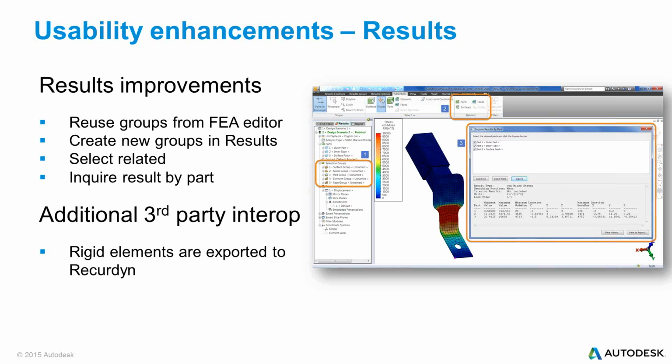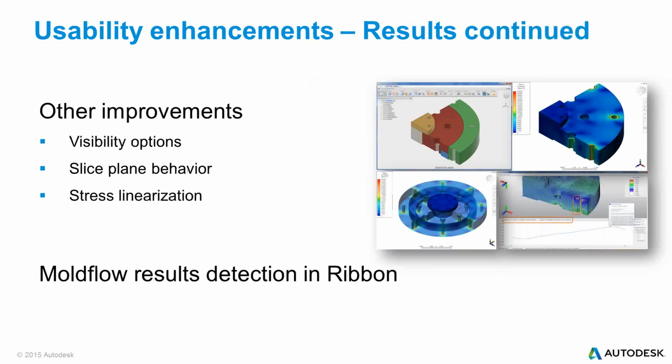All right, let's move on to the next and final slide, which talks a little more about the improvements to the results. Context menus in the results environments have been updated to include visibility, isolate, and show all commands for parts, surfaces, and elements, which means you can much more easily turn on the visibility of parts.